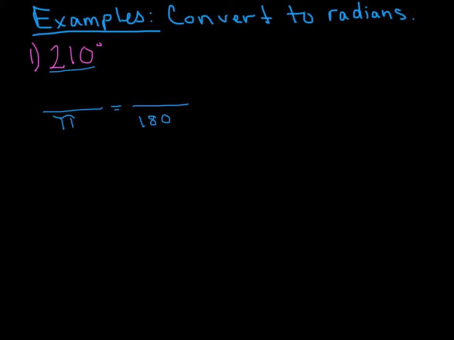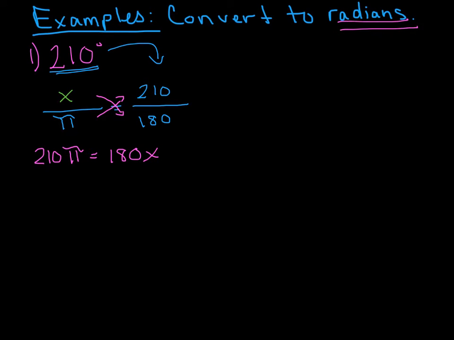Since I'm given 210 degrees, I know that's going to go over my 180 degrees because that's a degree measure. And I don't know my radian measure, so that's where my x is going to be. So I'm going to cross multiply. So I get 210 pi equals 180 x.